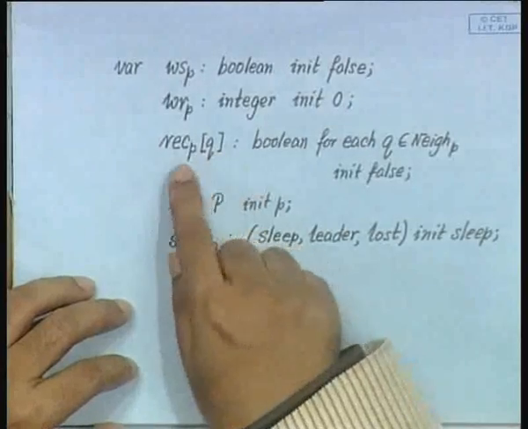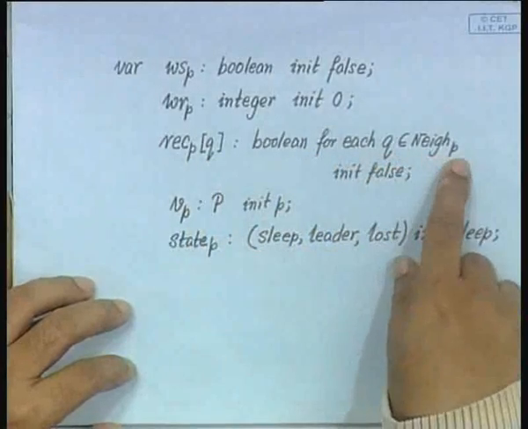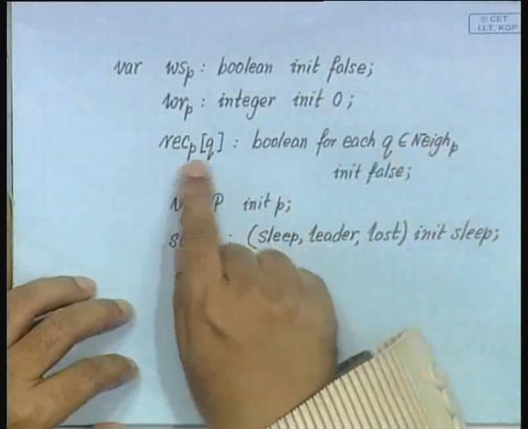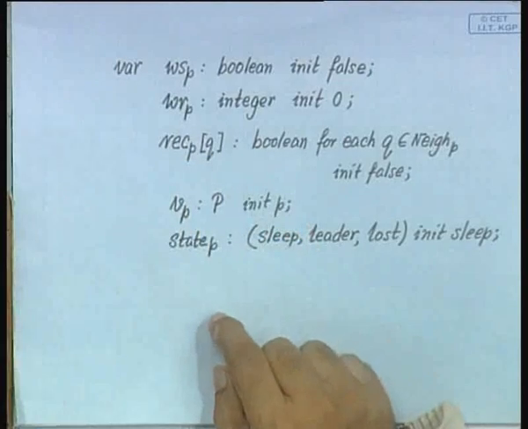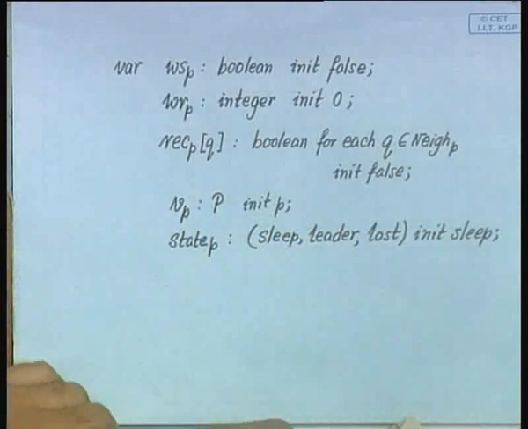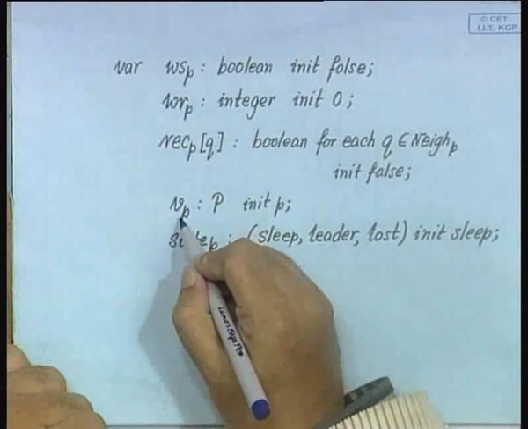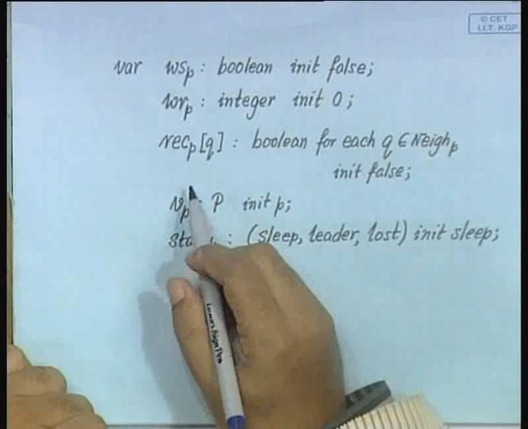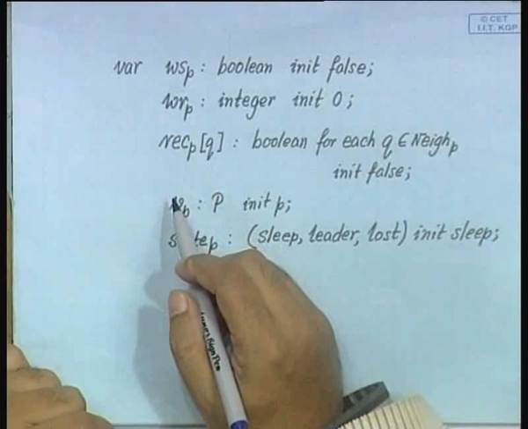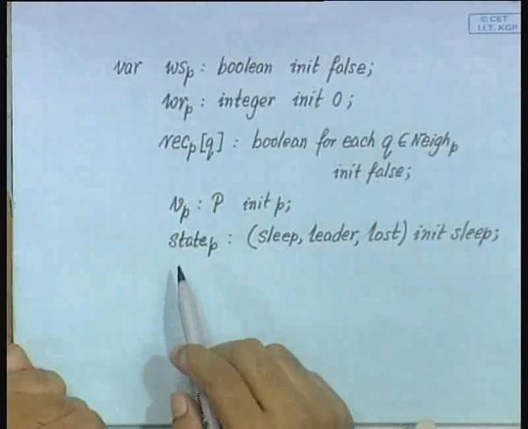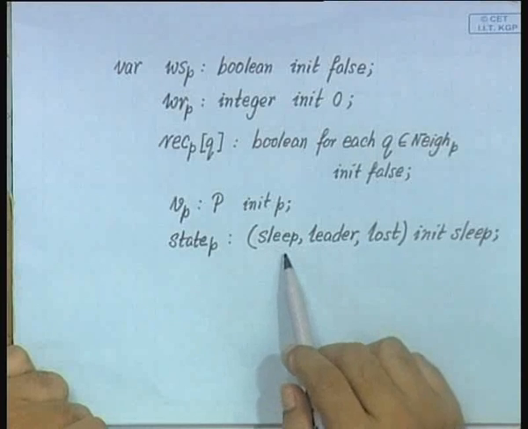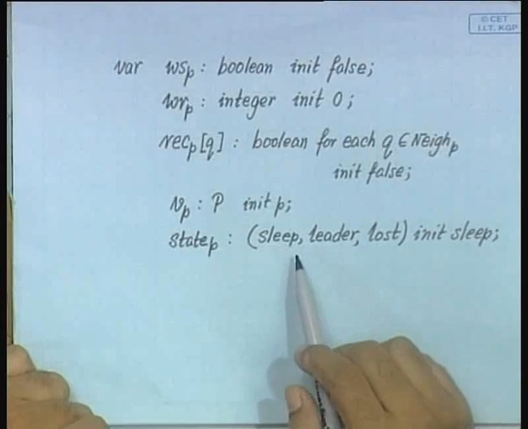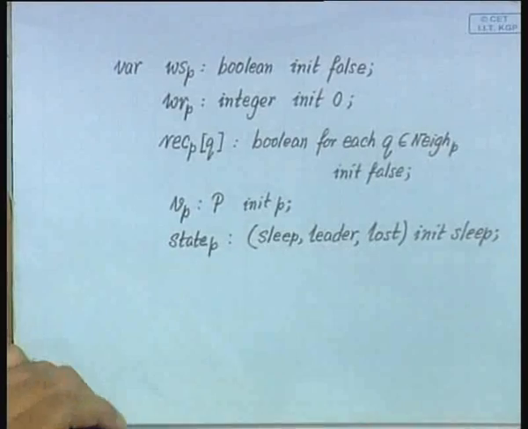It is an array of booleans for each q belonging to the neighbors of P. So, the size of this array is the number of neighbors of P, and we have VP in which we will store the ID of the best process, or the leader in the end. The state of P is an enumerated type which can be sleep or leader or lost, and initially the state of P is sleep.